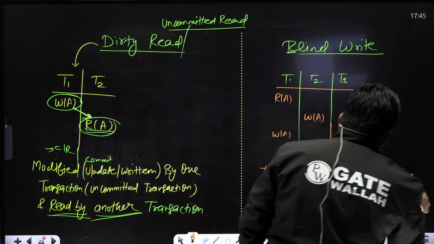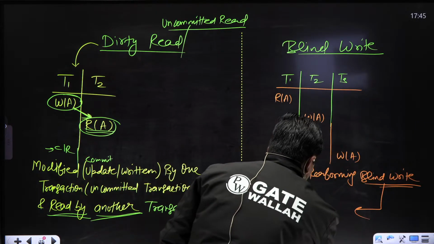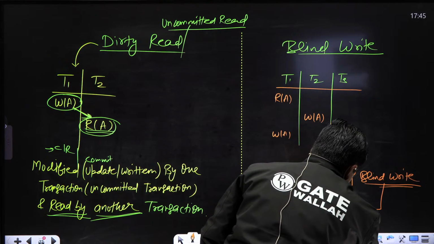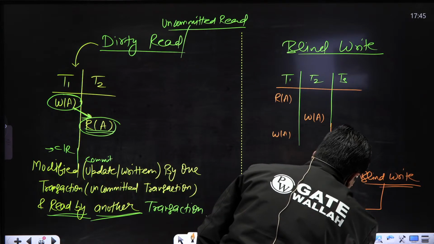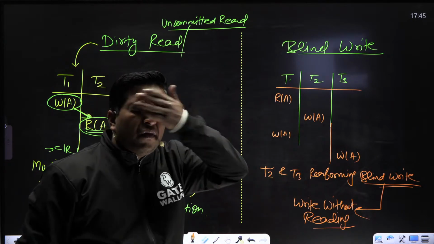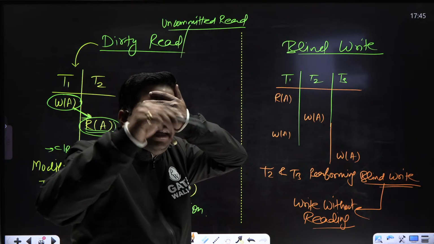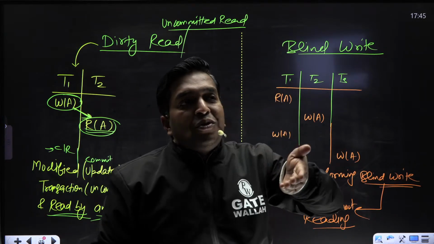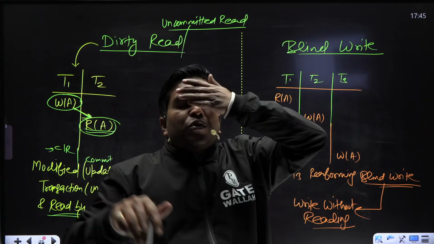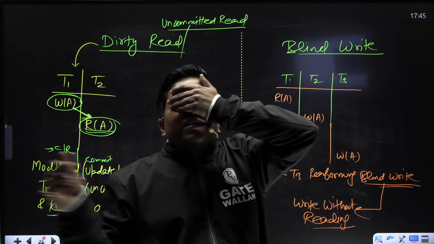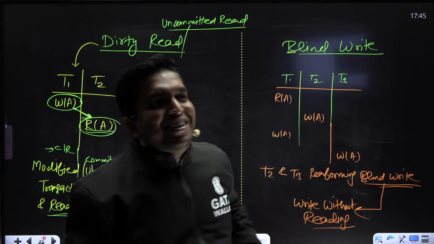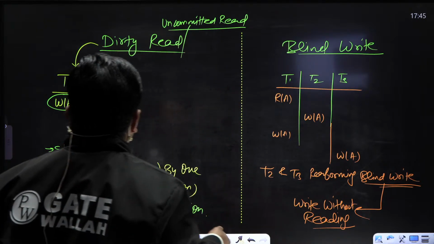Blind writes means write without reading. Like you can see T2 and T3, without reading the value of A, they just came and wrote. Like in your semester examination, you sometimes do not read the question properly; whatever you know in that unit, you write. So this is the difference.